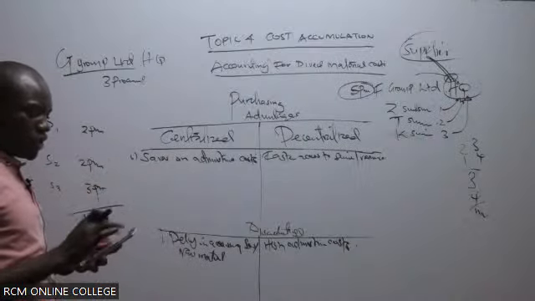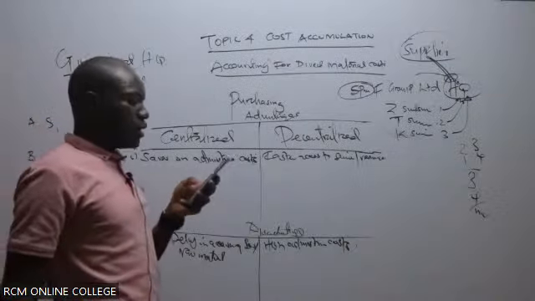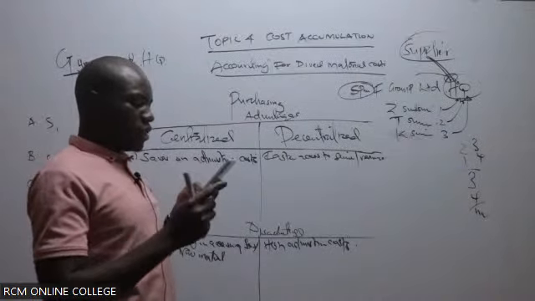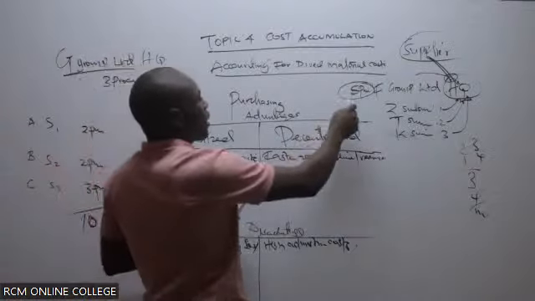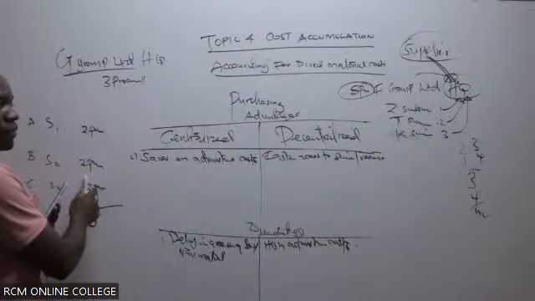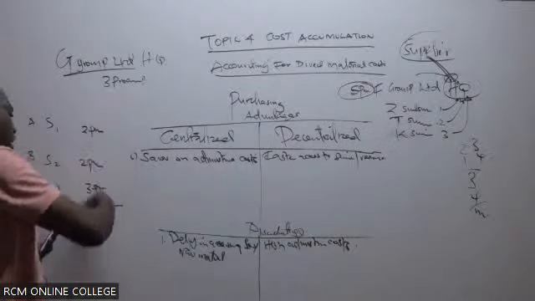So let's look at what is written down here. Advantages of centralized. 1, specialized and expert purchasing staff can concentrate on one department. We've seen they have 5 who are highly skilled and they only concentrate on that. But here, let's say we are just saying we cannot maintain all these 10 people.